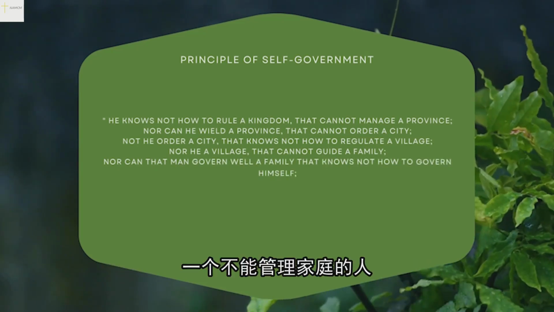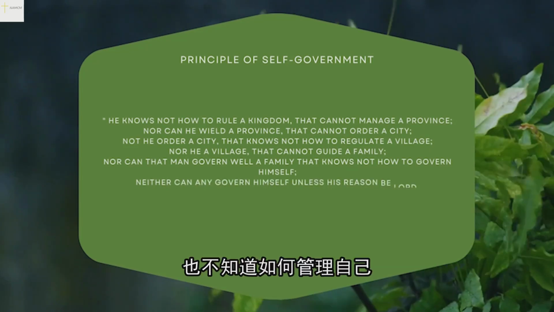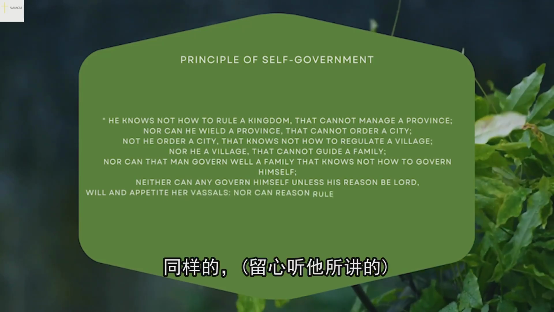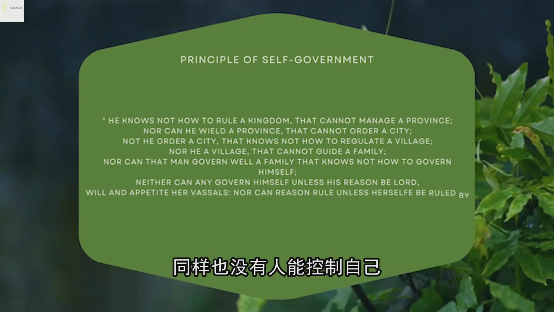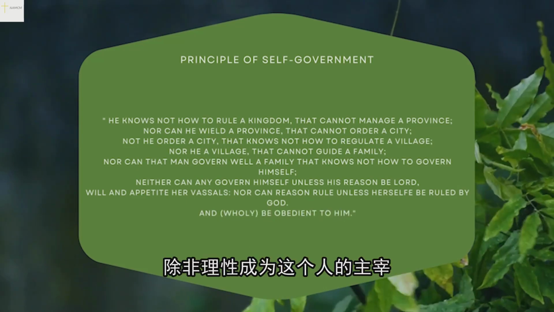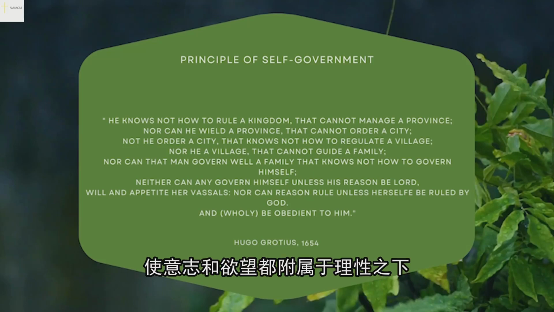Nor can that man govern well a family that knows not how to govern himself. Neither, now listen to this, neither can any govern himself unless his reason be Lord, will, and appetite her vassals.